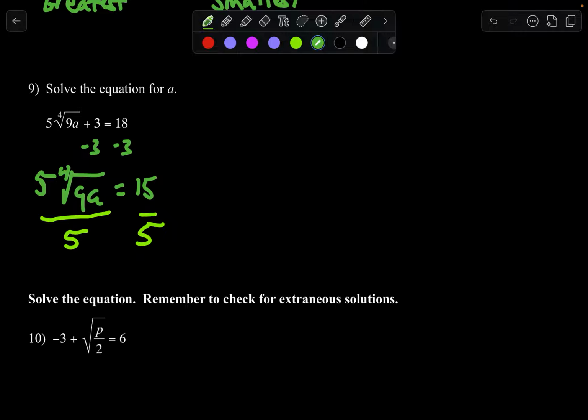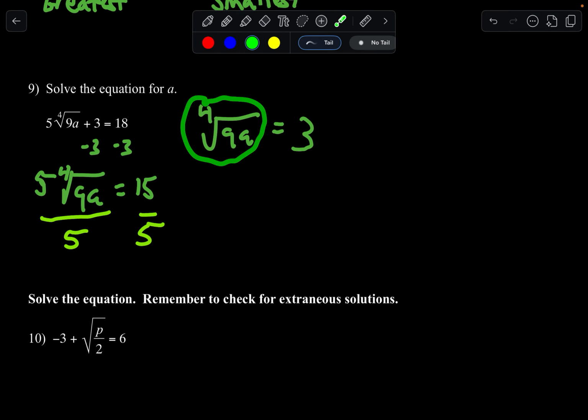Okay, that leaves us with the fourth root of 9a equals 15 divided by 5 is 3. Now the fourth root, how do we undo taking the fourth root? What's the opposite of taking the fourth root? Again, our goal is to strip off that fourth root.